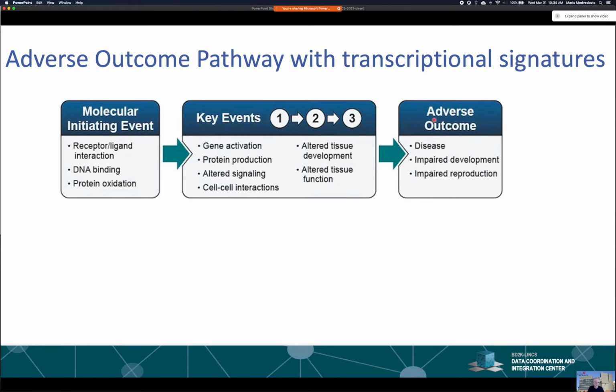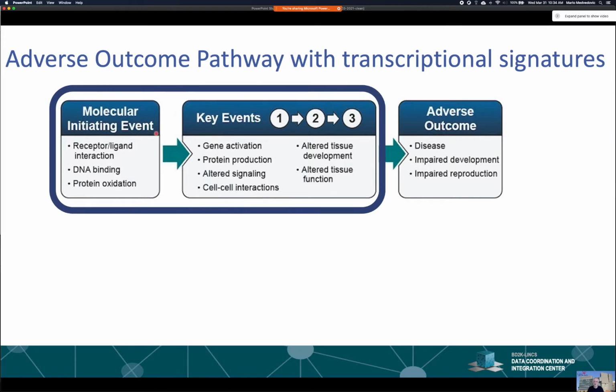So the strategy works. And now just to tie it back into our adverse outcome pathways, if we have a transcriptional signature of a toxicant, by looking at these different types of analysis, we could ascertain perhaps its mechanism of action by pinpointing either the specific protein that it interacts with, or the pathway that it interacts with.